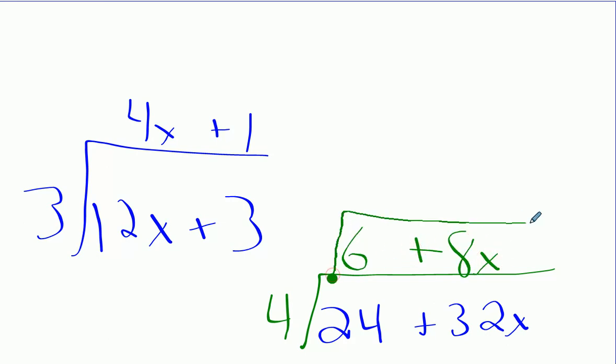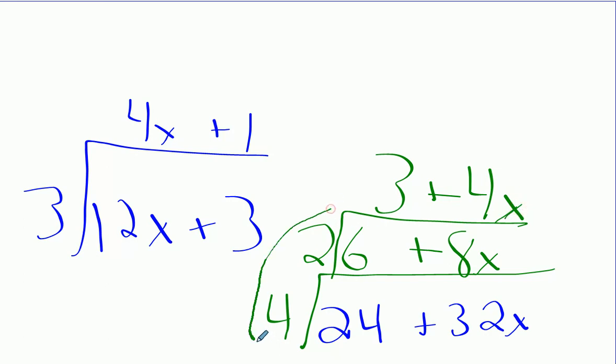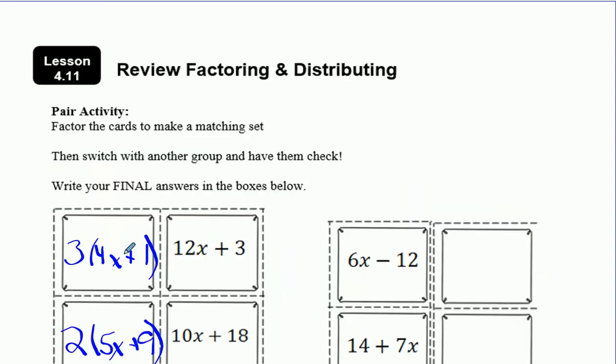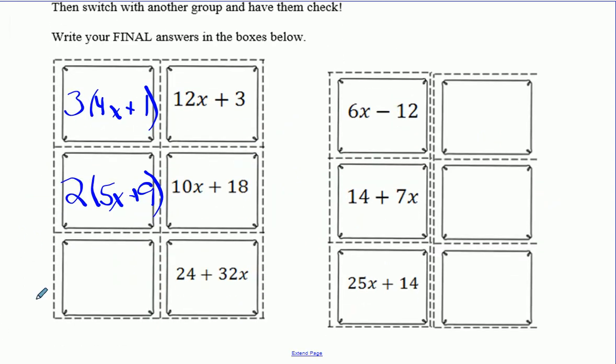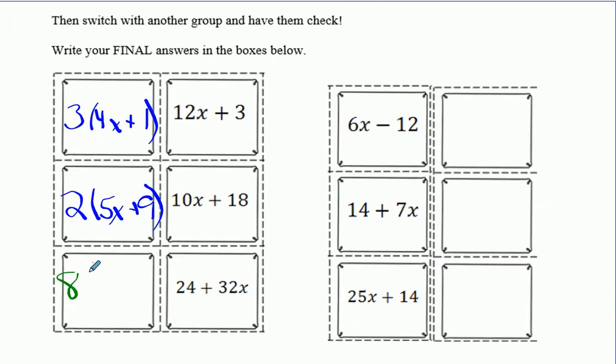And I have to divide one more time to get a 2 out and be 3 plus 4x. Yep. So my final factored answer should have 4 times 2, which is 8. So 8 on the outside with 3 plus 4x on the inside. There you go.